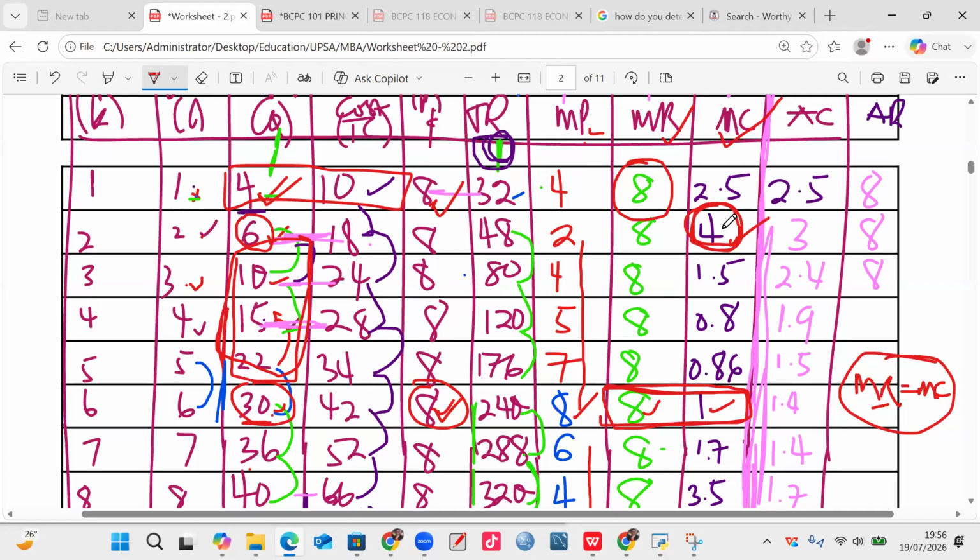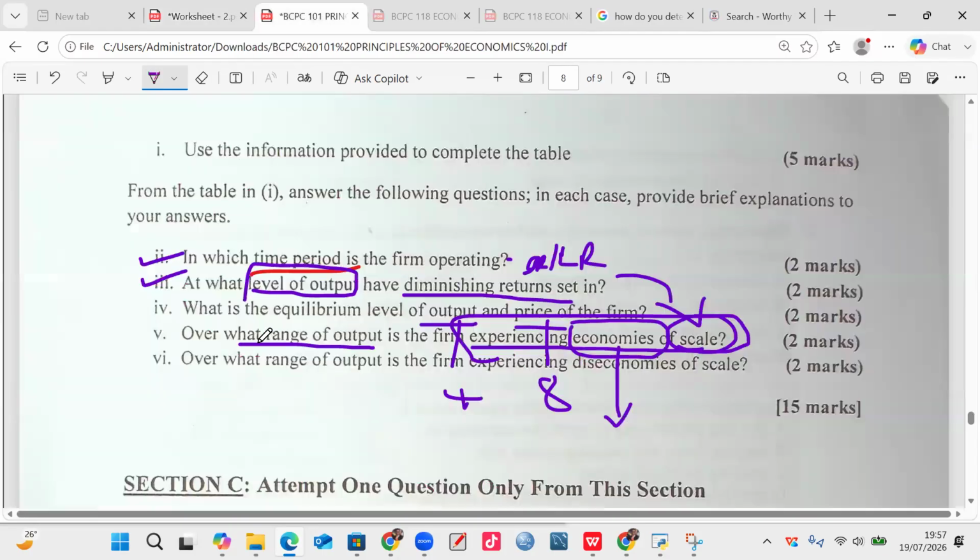When they increase from 6 to 10, you will see that now the additional cost is 1.5. So the additional 2 they added is costing 4. The additional 4 they added is costing 1.5. So the question is saying, over what range of outputs is the firm experiencing economies of scale? Over what range of outputs was the business producing more at a lower cost?